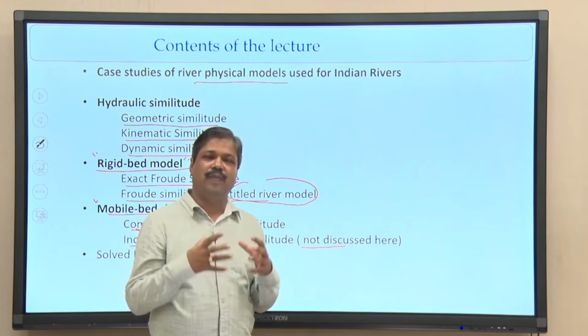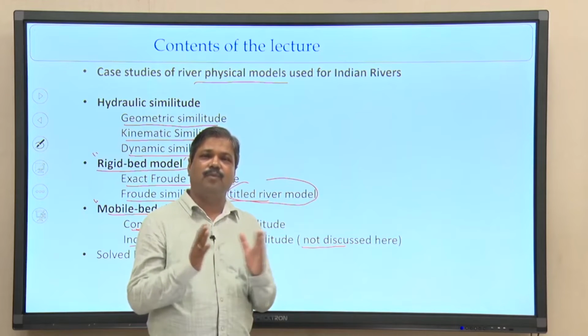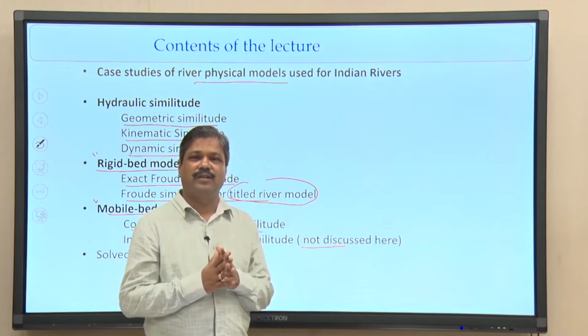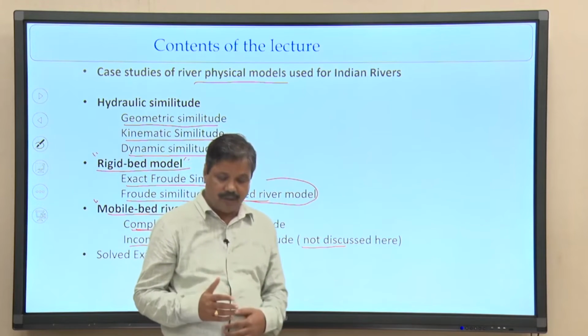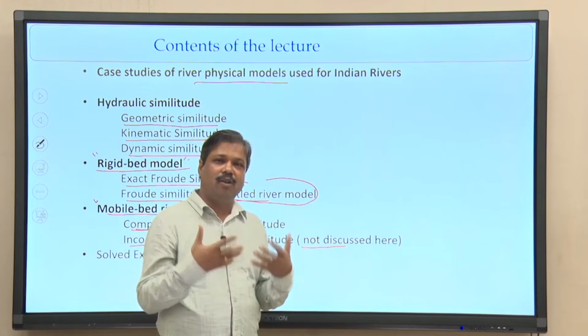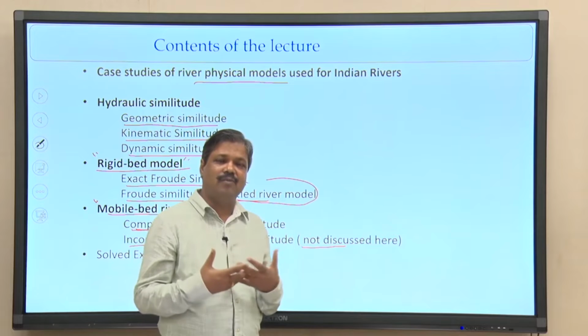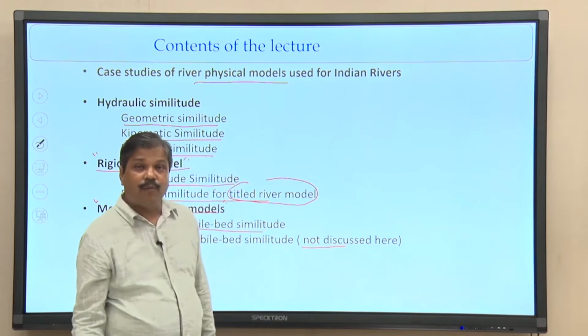That knowledge will be helpful to establish an appropriate river physical model, and we should understand our objectives from an engineering point of view. The art of modeling is also knowledge we should follow to have an appropriate model.